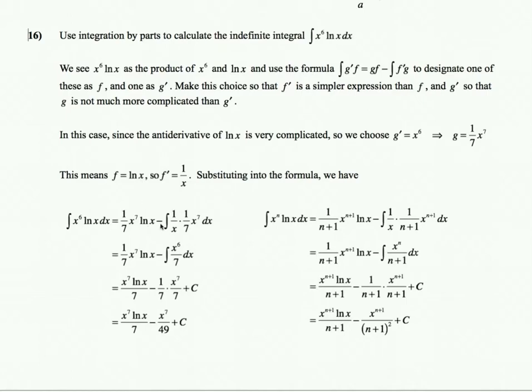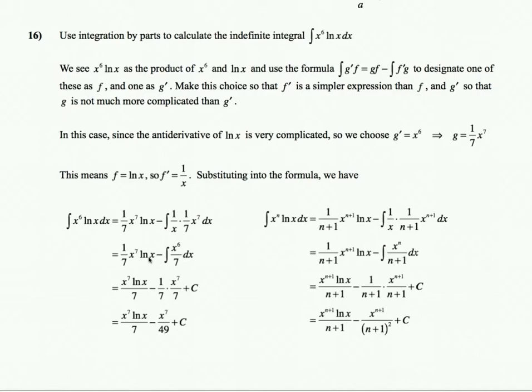Then we subtract the integral of f prime, which is 1 over x, times g, which is 1/7 times x to the 7th. Well, the x goes to the denominator here, the x to the 7th to the numerator, and one of the x's in the x to the 7th cancels with the x in the denominator, and so that makes the integral now x to the 6th over 7.